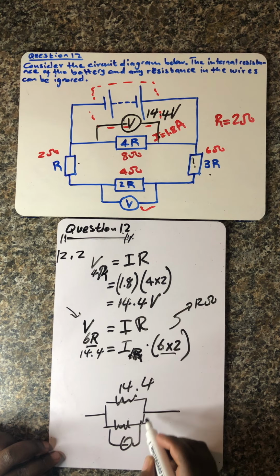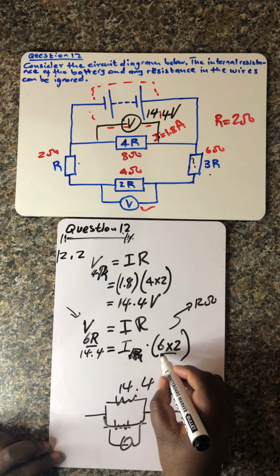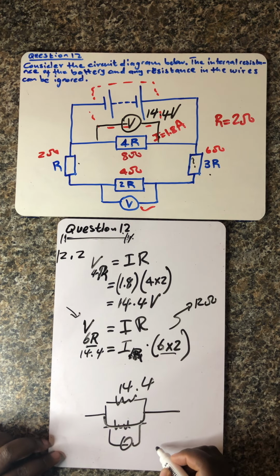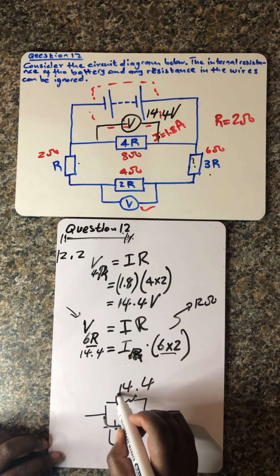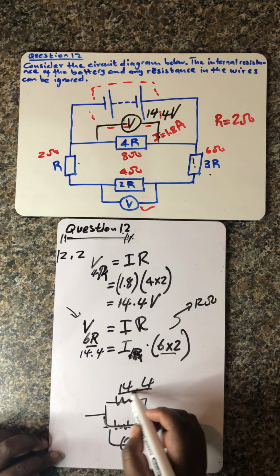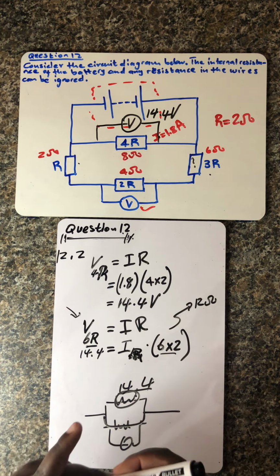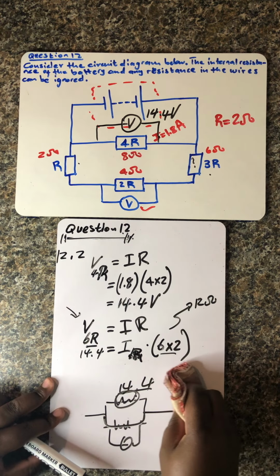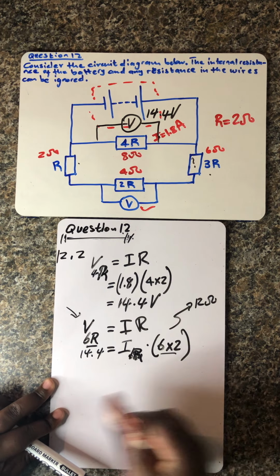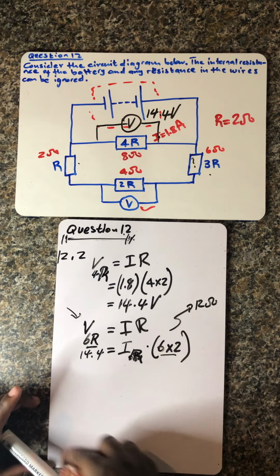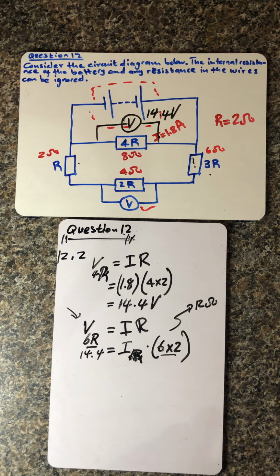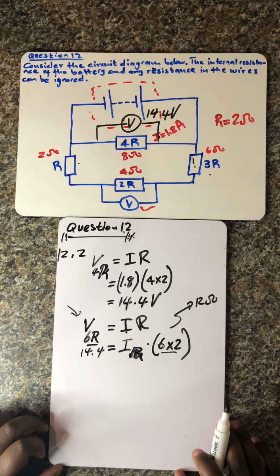That's why we are saying the total of these resistors, which is 12 ohms, its V is the same as the V of that side. Guys, if you don't understand, please do comment so that I have an idea if I'm confusing you or making this lesson easier to understand.